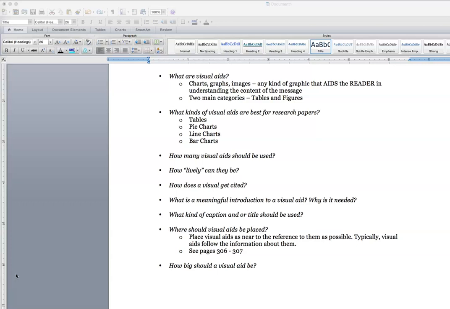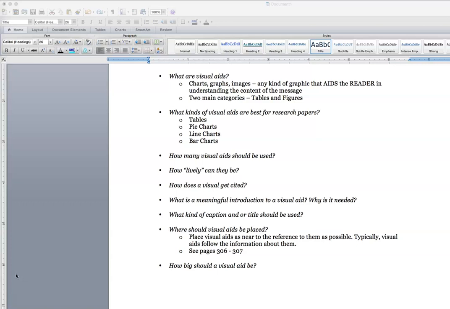So what does that mean and why is one needed? They answer the question on page 308. It says, introduce a graph meaningfully. Refer to every graphic in the text and place the graphic close to the point where it is mentioned. Most important, though, help the reader understand the significance of the graphic.